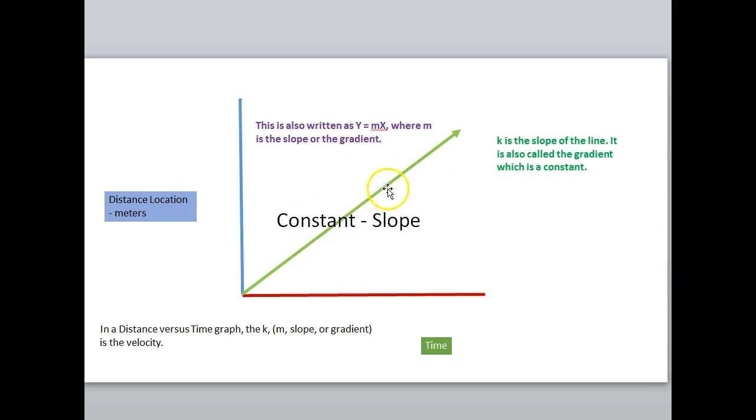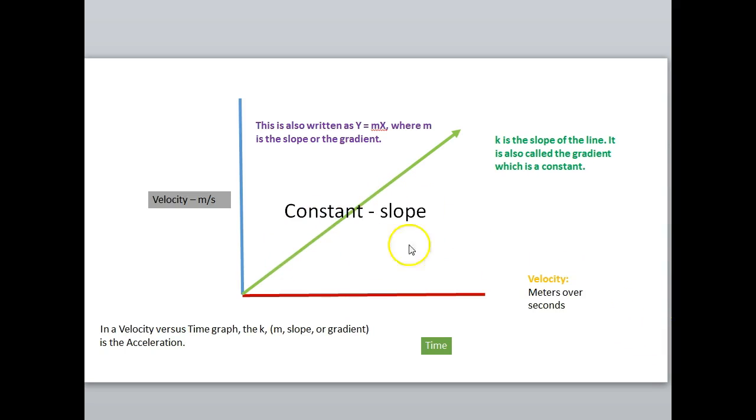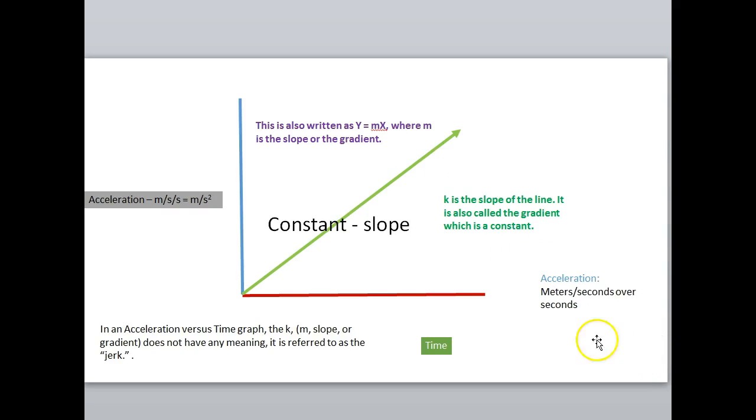Okay, so this is how we see the constant on a graph. In a velocity time graph, this is the constant. It is the slope or the gradient. And then in an acceleration time graph, again, this would be the slope or the constant.